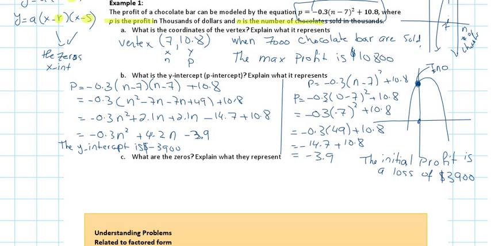What process do I have to follow? Number one, in order for me to go to the factored form, I have to go from the standard to the factored. Okay? From the standard to the factored, and I have to factor.